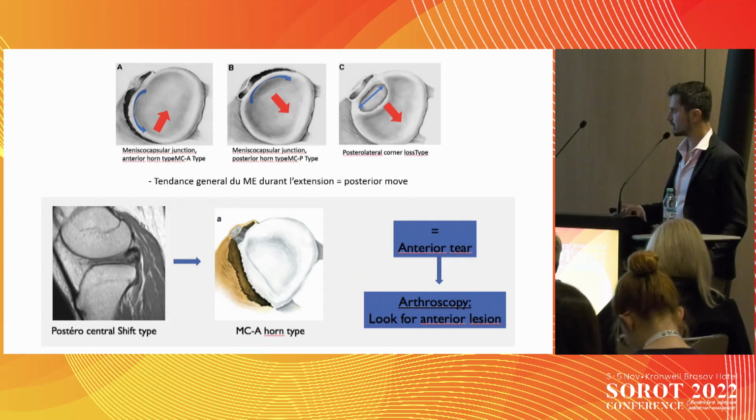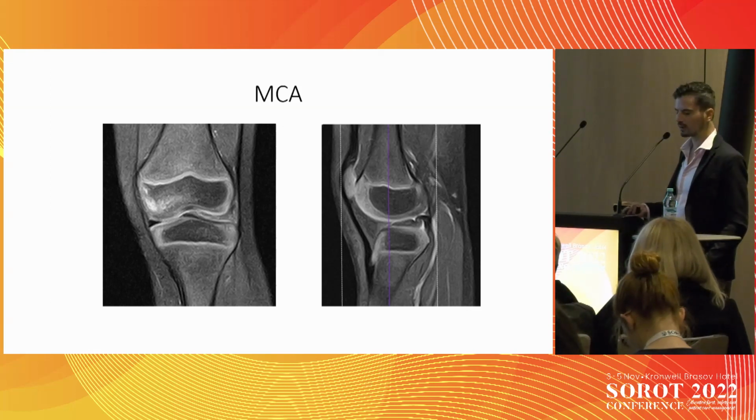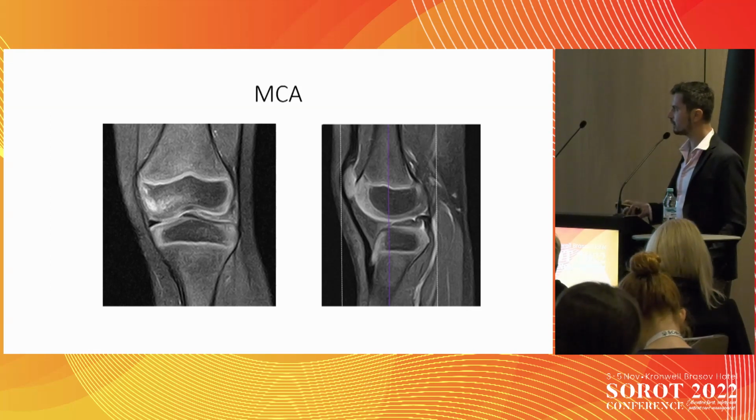And you can do the diagnosis with your classification, and you know what happened after, what is your strategy for the future, for your treatment. On this, you can't choose your strategy. You can only say it's a discoid, okay? But with the sagittal, you can choose when it's like this.